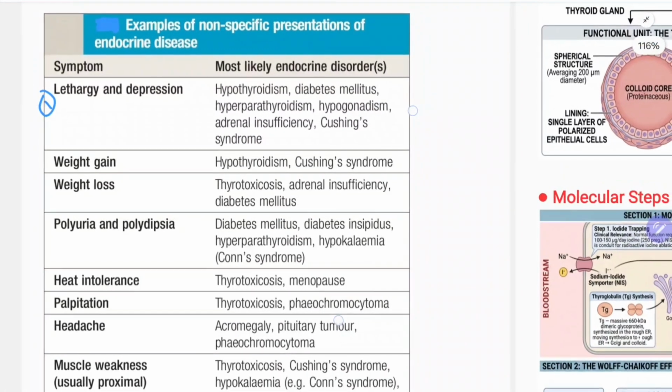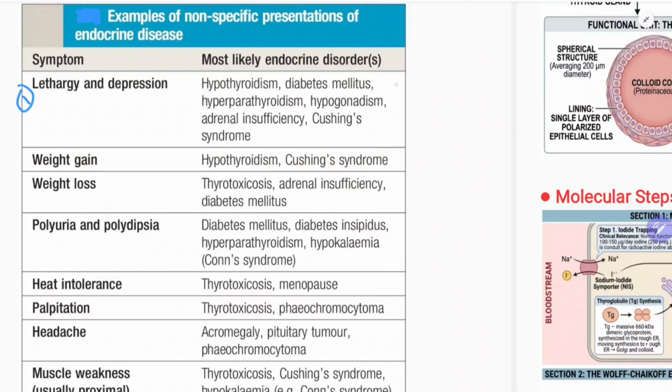So just to remember the endocrine diseases, you just remember this diagram.